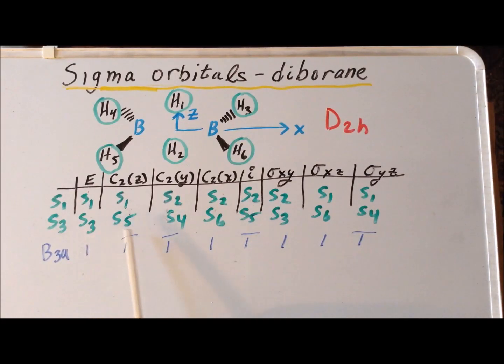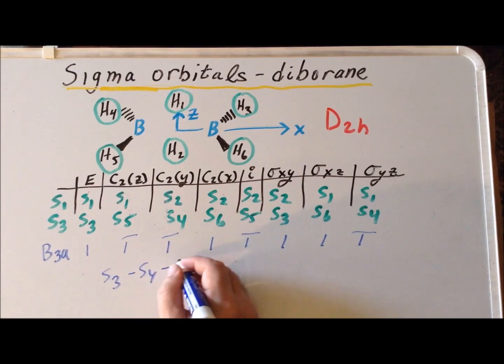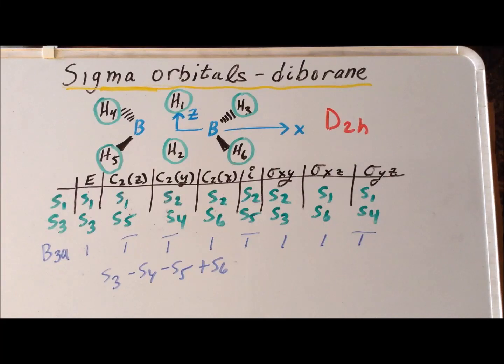But then if we multiply the second row and then we reduce to lowest terms, we will get an orbital that looks like S3 minus S4 minus S5 plus S6. With this, we've determined mathematically expressions for all 6 of the group orbitals.